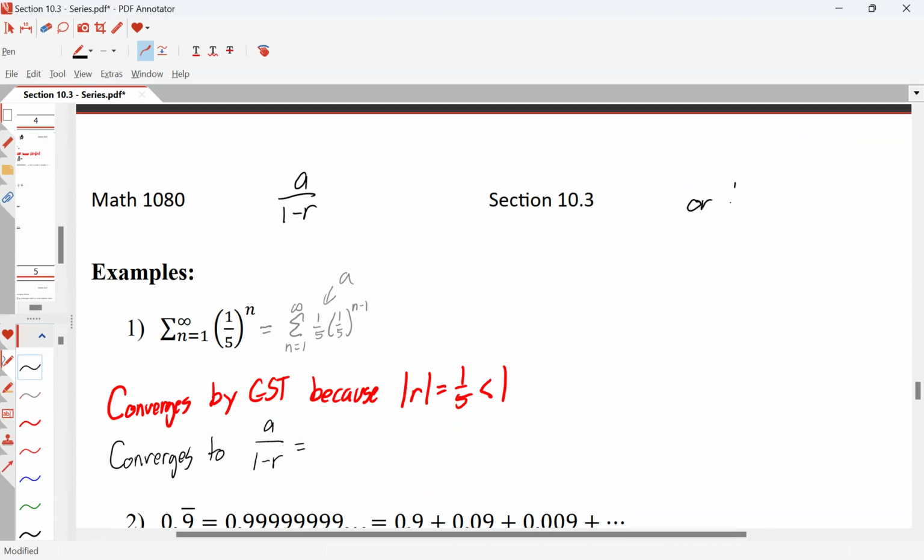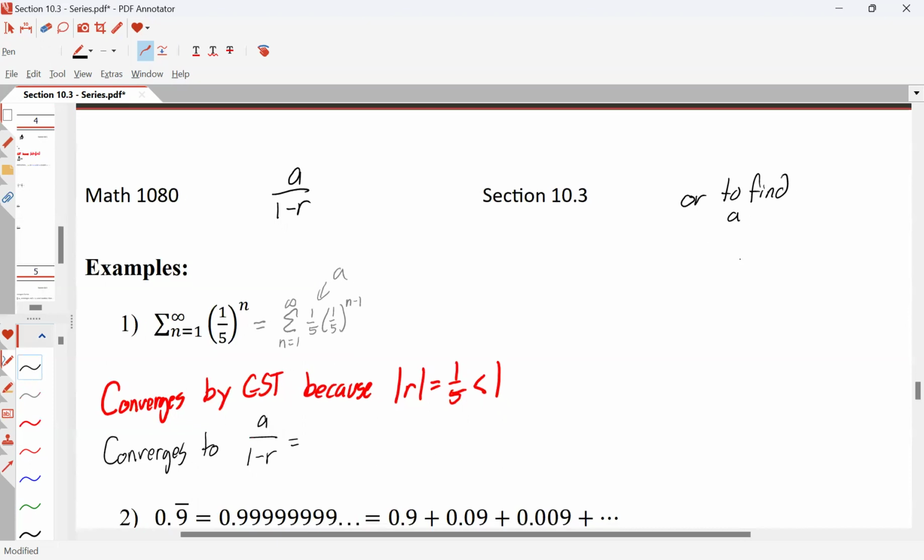Or to find a, we can plug the lower bound into 1/5 to the n. So a equals 1/5 to the first, which is 1/5.